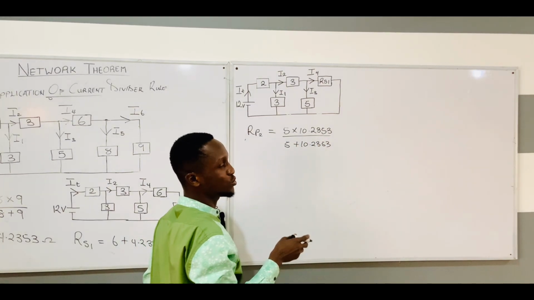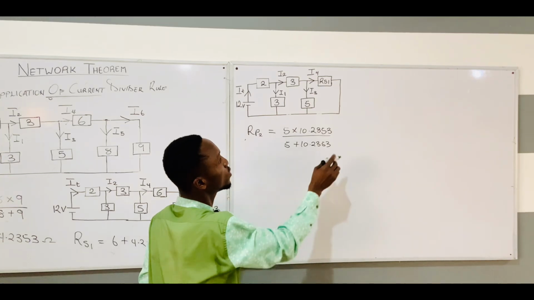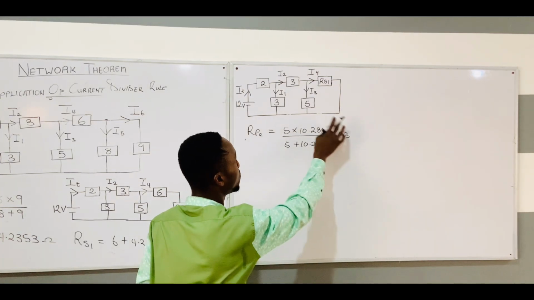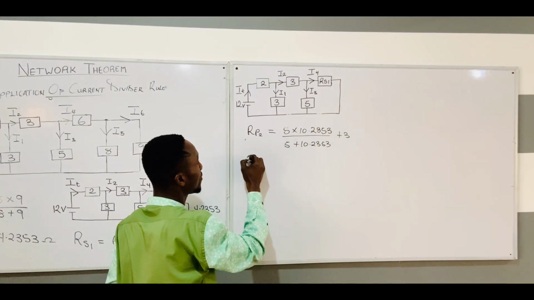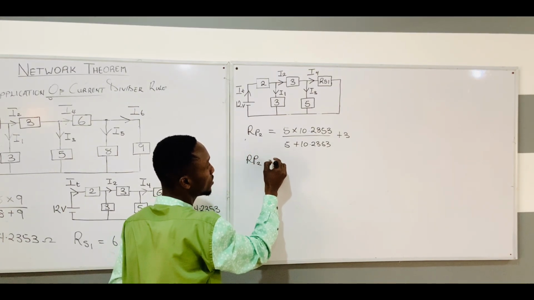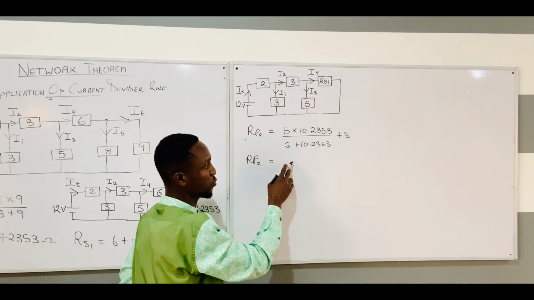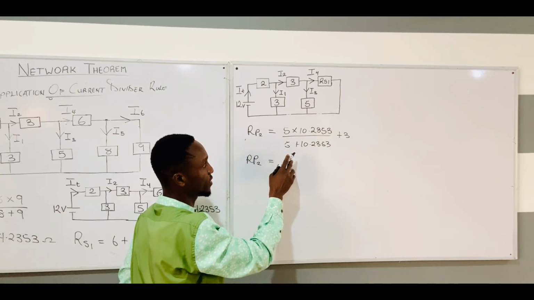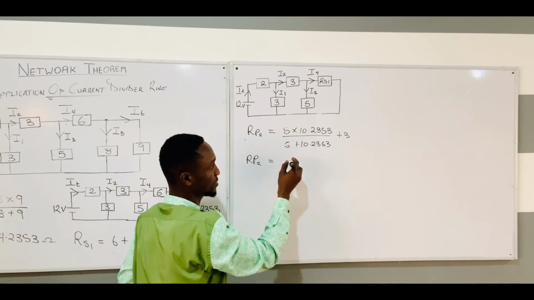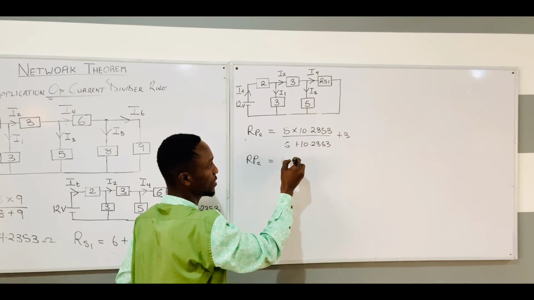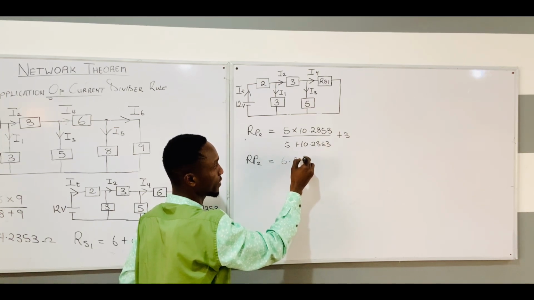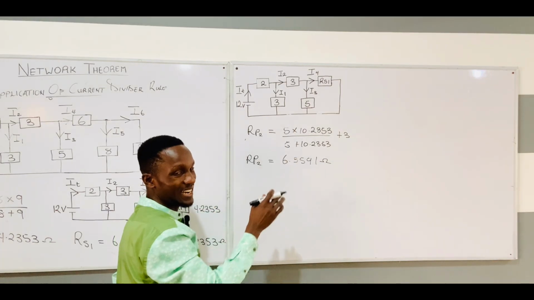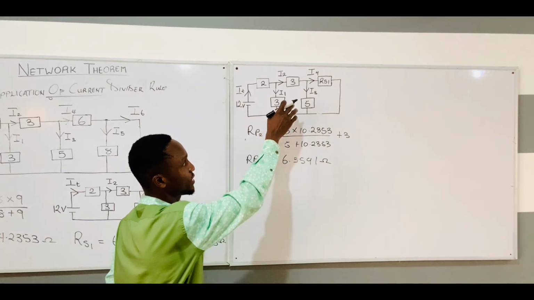Note, I don't want to draw the series circuit, so we have our plus 3. Okay, so now when we punch everything here, we have our RP2 giving us 3.3591. So 3.3591, when you add this 3, you are getting 6.3591 ohms.